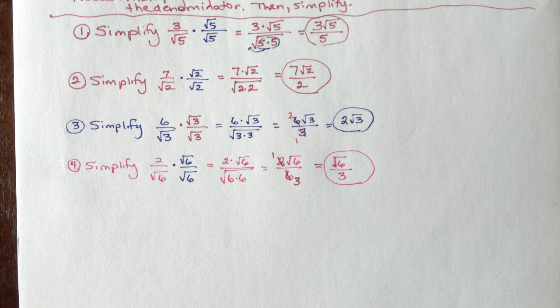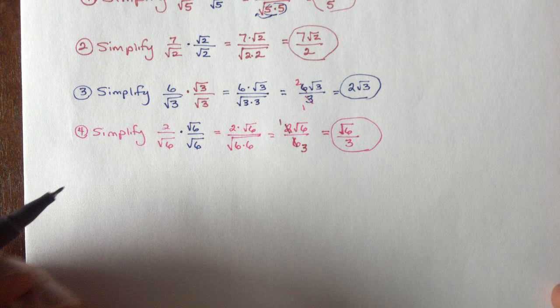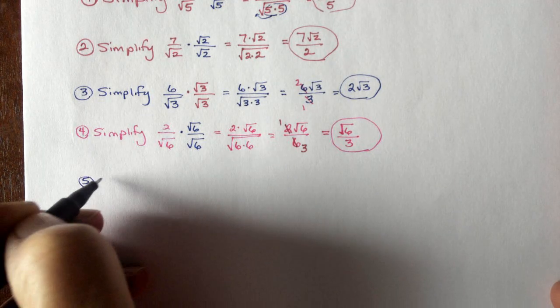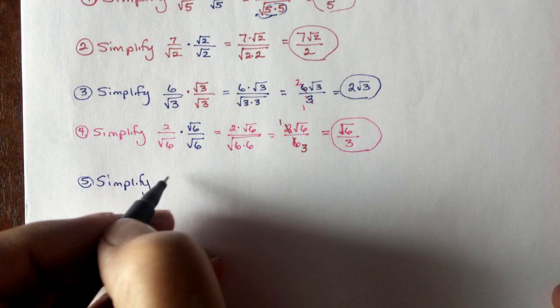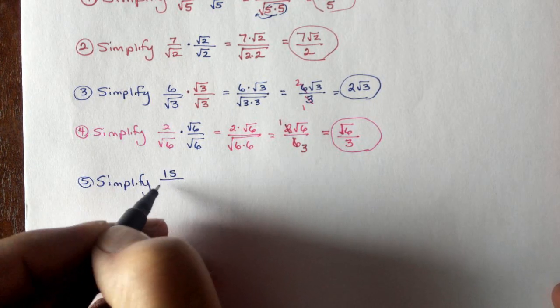Alright, so let's do some additional examples where there's more simplifying to do to make sure we have that process, and then we'll be done with the notes for the day. So number 5, let's simplify 15 over the square root of 3.